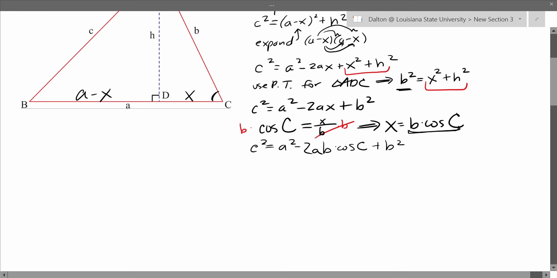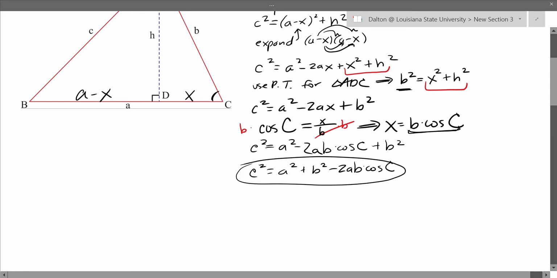And then the last thing I want to do is just rearrange this a little bit. So this is actually equal to c squared equals a squared, I'm going to bring over the plus b squared, minus 2ab times the cosine of C. And this lovely looking equation here is actually one of the laws of cosines.